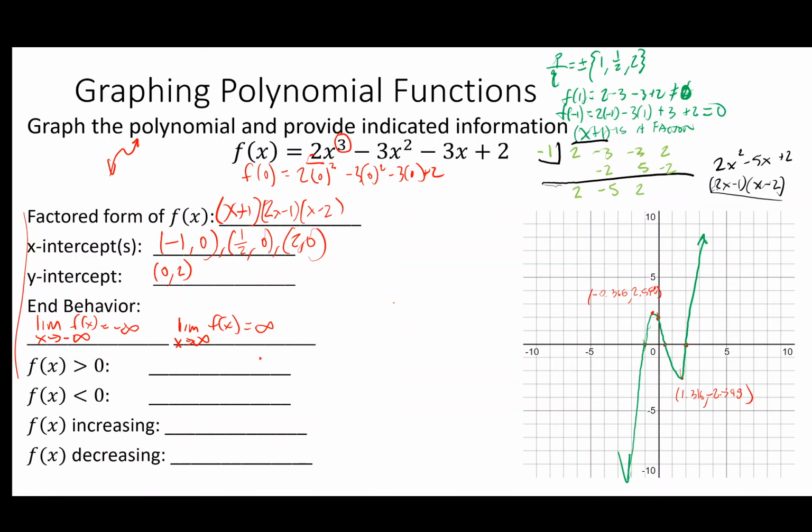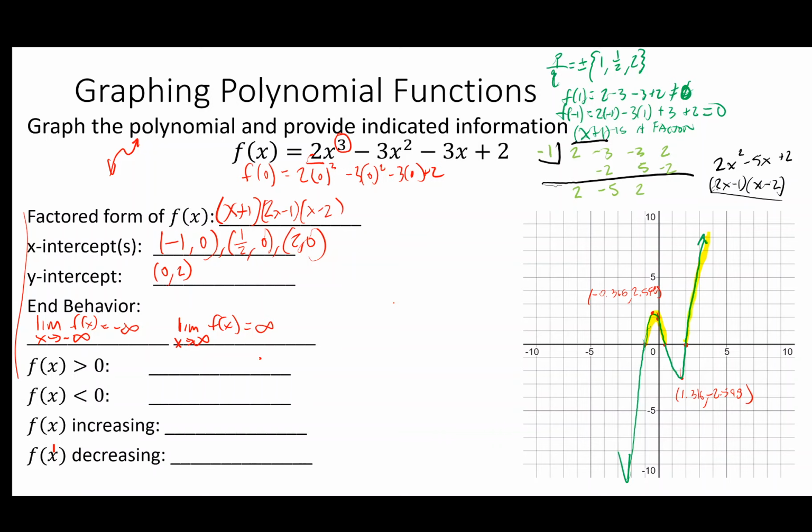The first part here is, when is f of x greater than 0? In other words, what is this part here, and this part right here? How do I write that in interval notation? Well, it's pretty easy. We go left to right. It started being greater than 0 at that x-intercept right there, negative 1.